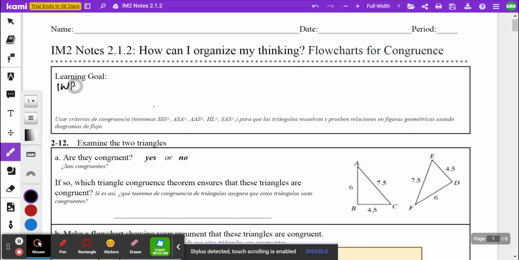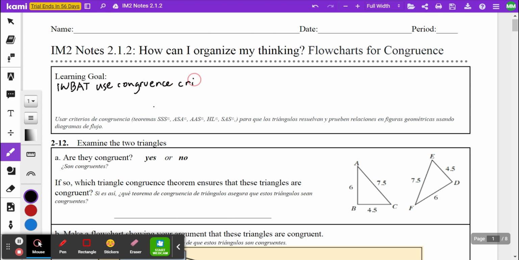I will be able to use congruence criteria, meaning our theorems from last class.